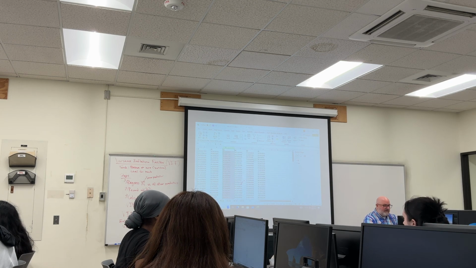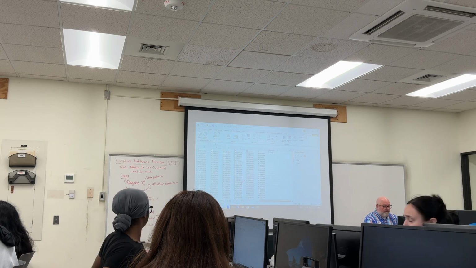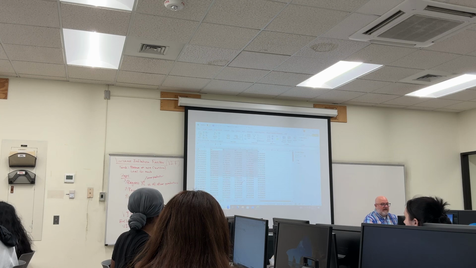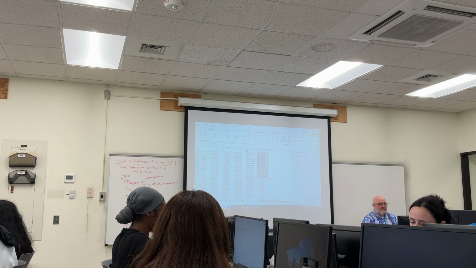I'm going to take my X2, because this is my VIF X2 that I'm looking at. I'm going to copy it over here, and delete that empty column, so that I have my X's together and my new Y separated. That way when I select the data, it's easier.